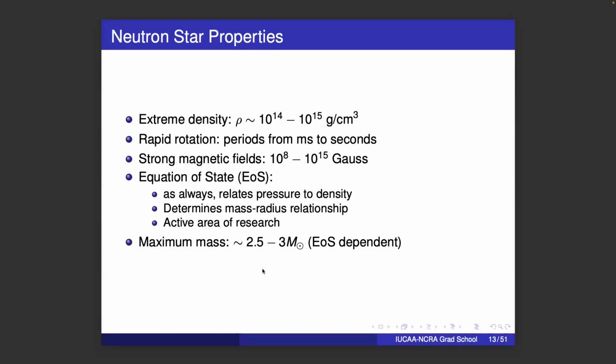Rapid rotation, time periods from milliseconds to seconds. So the millisecond part, leave out for the moment. But the second part is caused by the fact that you are shedding all kinds of matter. You are shedding angular momentum, but not all of it. But you're reducing the radius also. Okay? And when you reduce the radius, the thing starts spinning faster and faster.